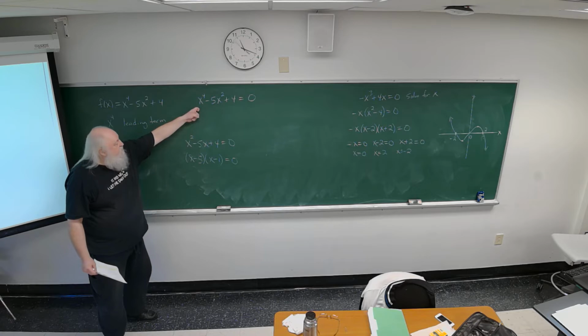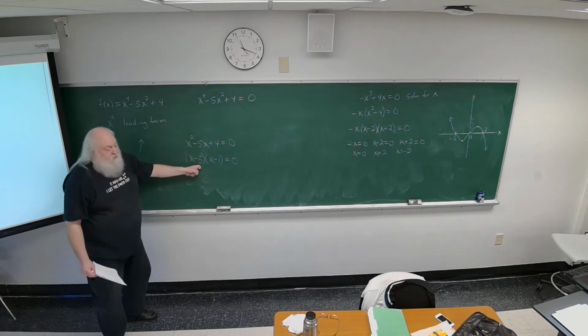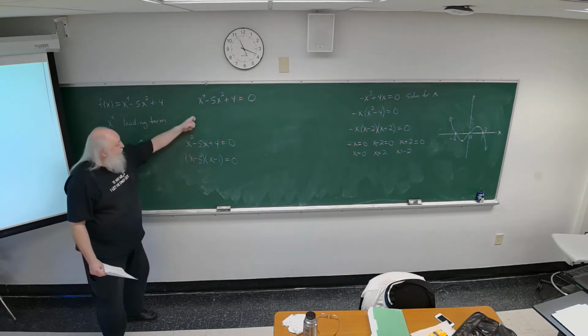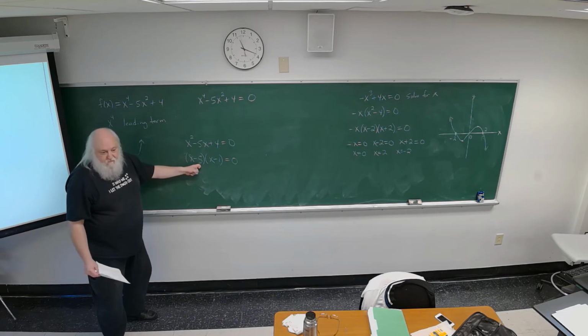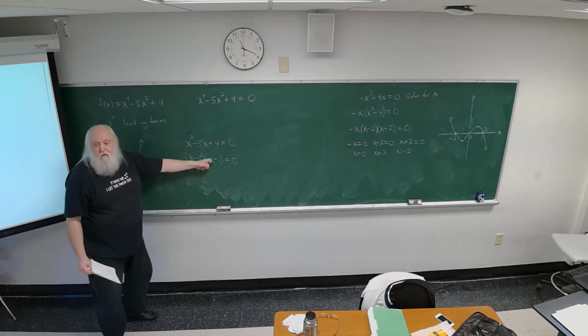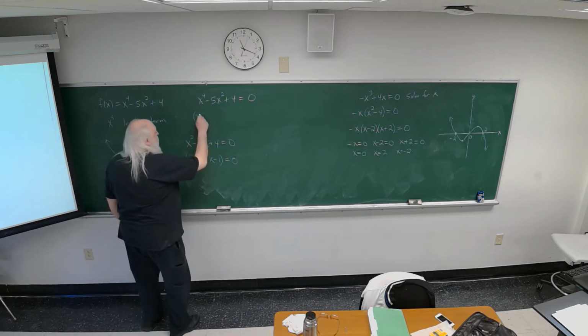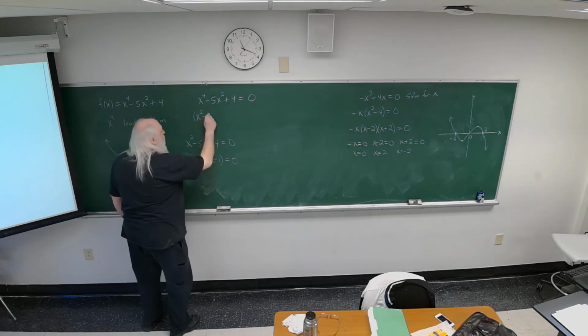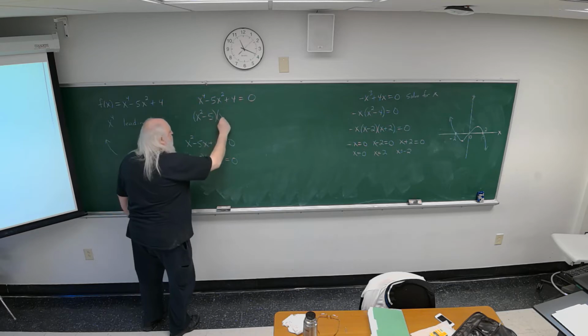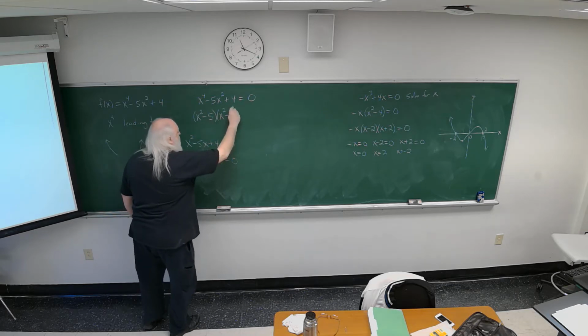This factors into something similar. But instead of x minus 5, we have x squared minus 5. Instead of x minus 1, we have x squared minus 1. So this actually factors into x squared minus 5 times x squared minus 1.